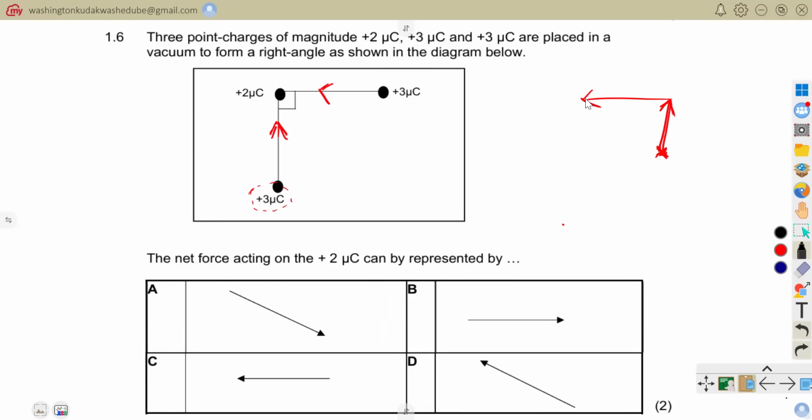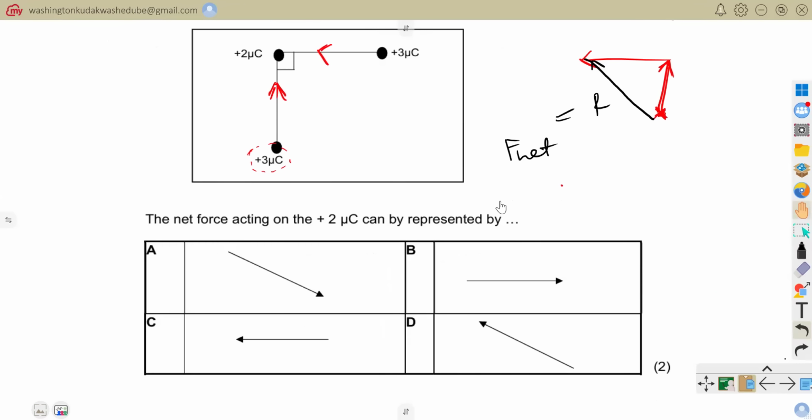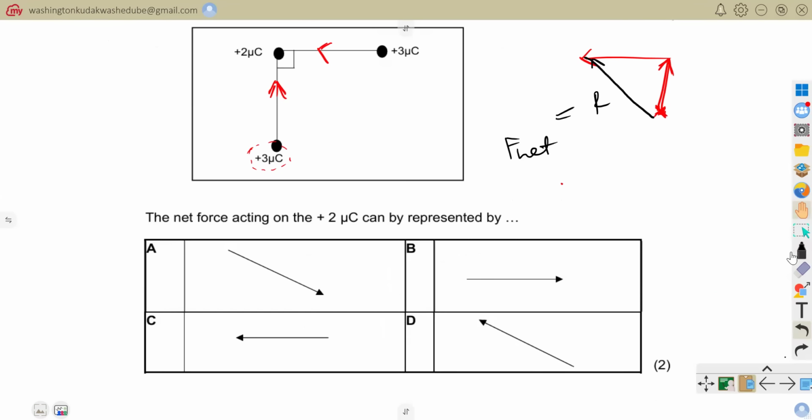So my resultant here would be given by something like this. Now they are saying the net force acting on the 2 microcoulomb can be represented by what? This resultant becomes my net force, because we are saying net resultant force. Now the answer becomes D.